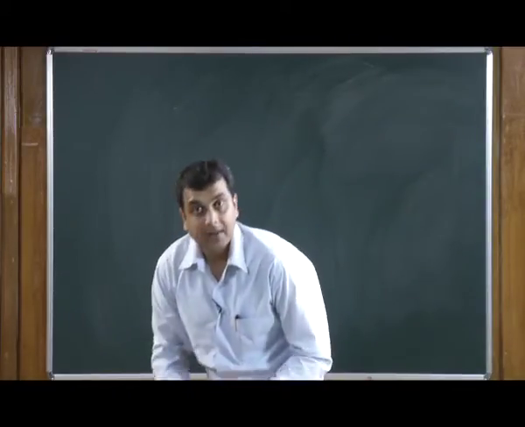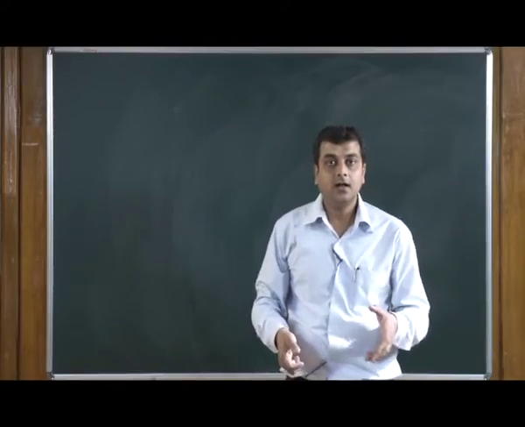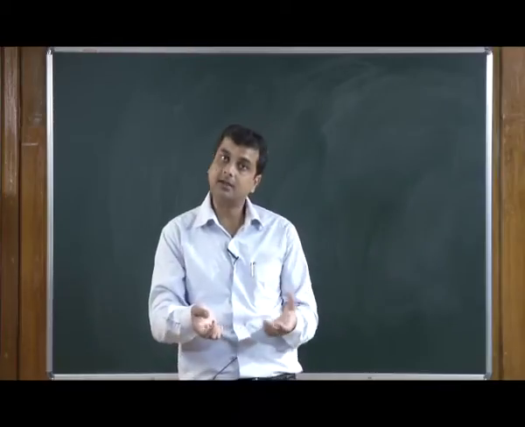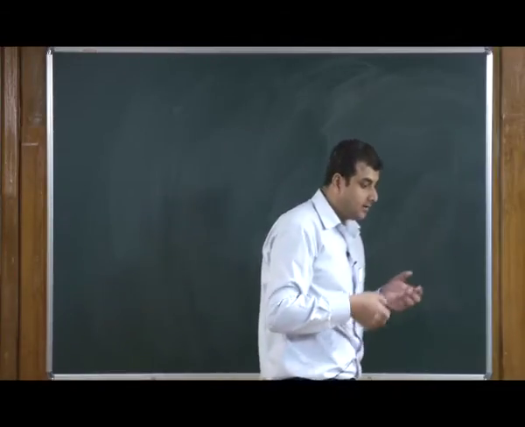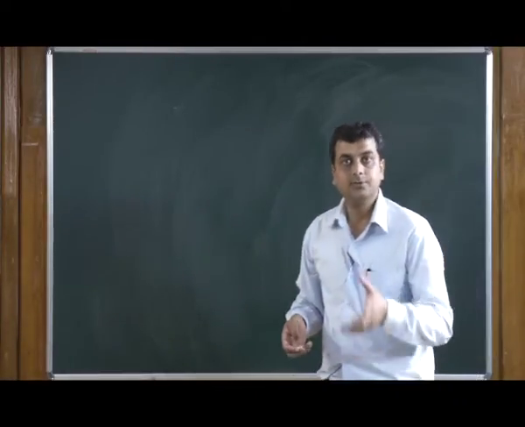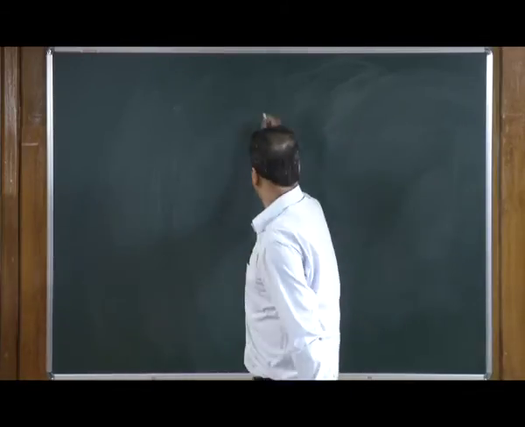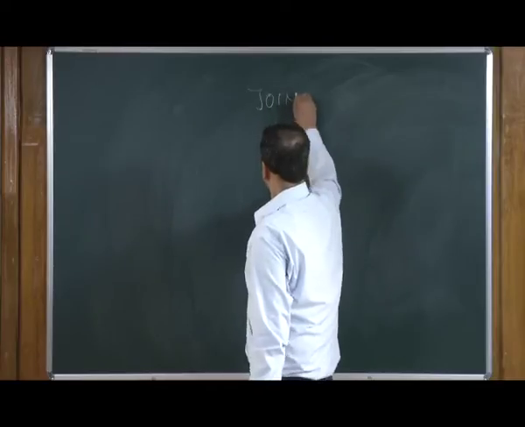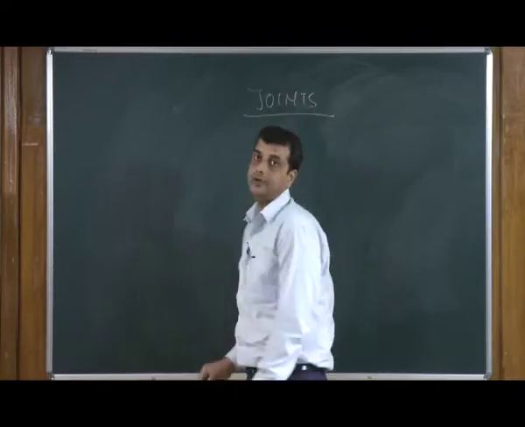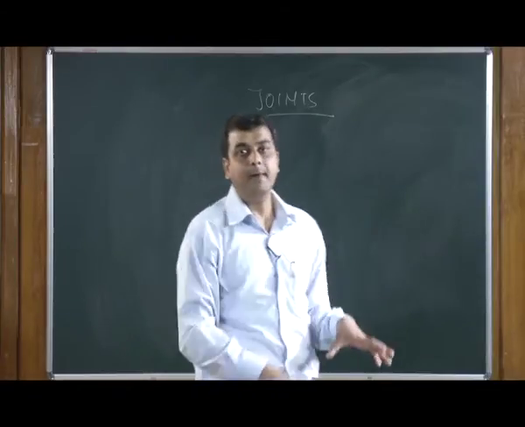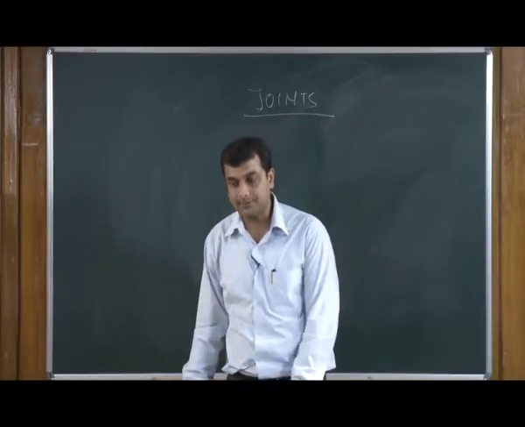If you have any broken bone, we call it a fracture. Bones are very important to make the framework of the human body, and similarly joints are very important for articulation, a kind of movement. That is what we are discussing in this whole chapter.